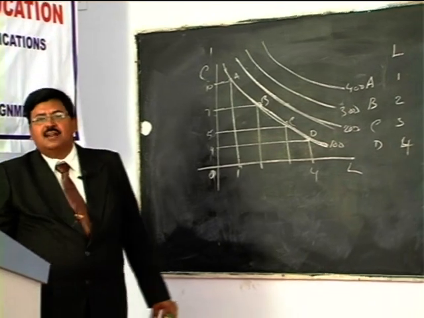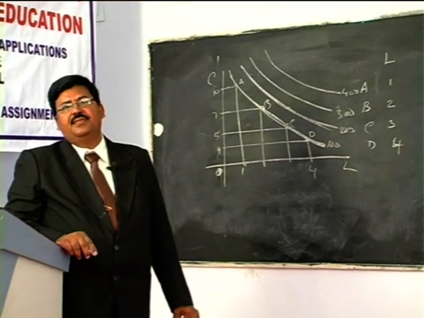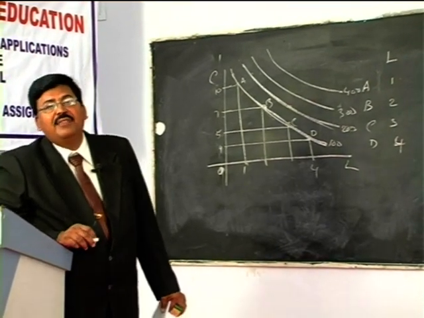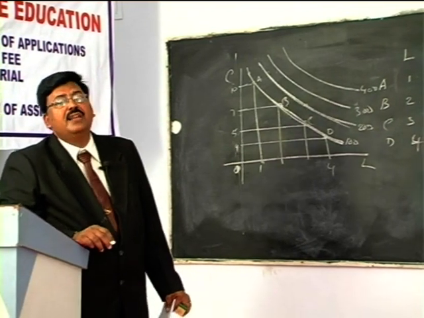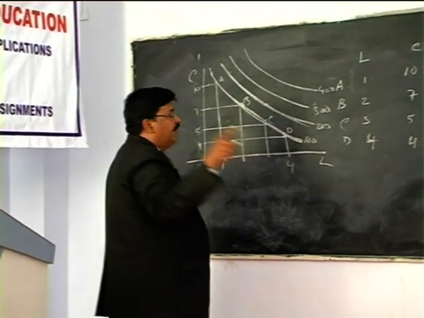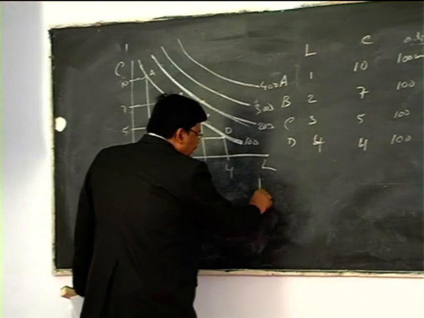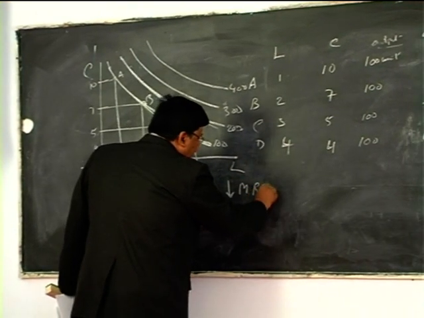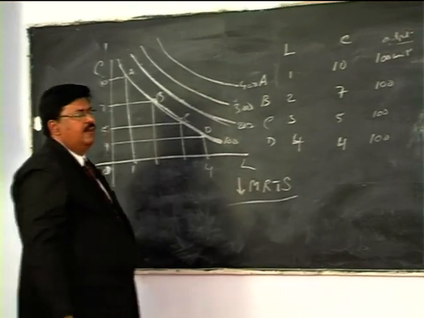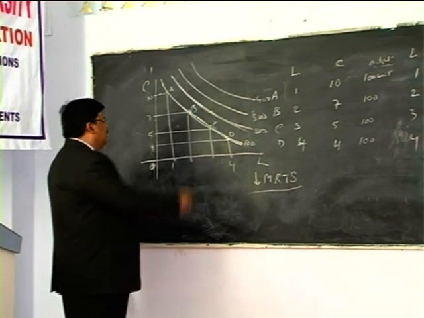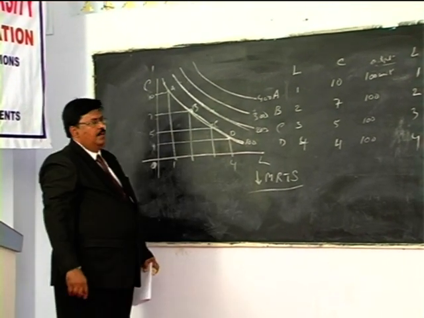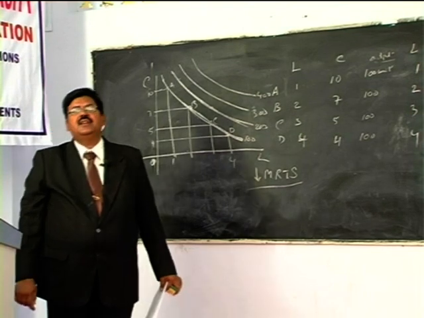That is called convex to the origin. And the convexity is because of the diminishing marginal rate of technical substitution. Diminishing marginal rate of technical substitution is the reason for the convexity. Why does it have a bend towards the origin? The reason is diminishing MRTS.